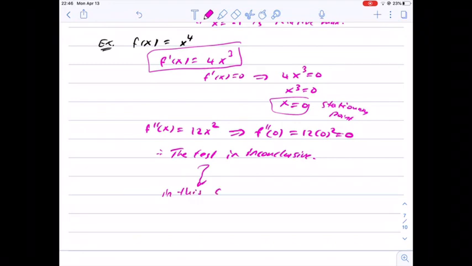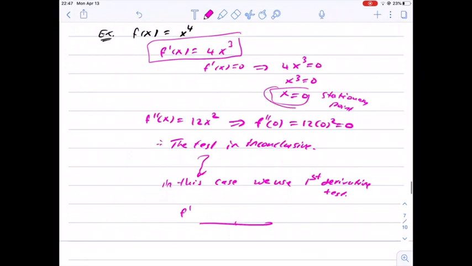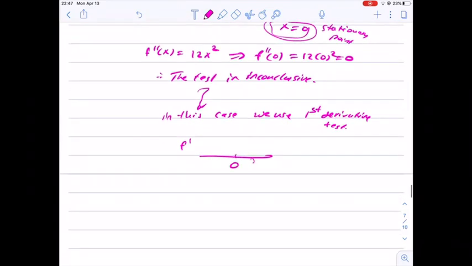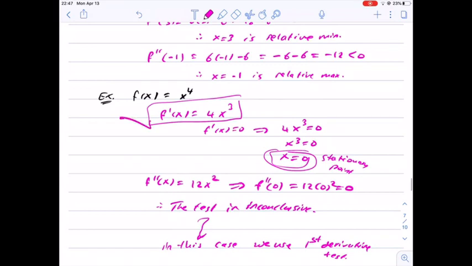In this case, we use the first derivative test. The first derivative test says that you study the sign of f prime. F prime has a 0 at x equals 0. Then you try a value greater than 0. Let's choose 1.